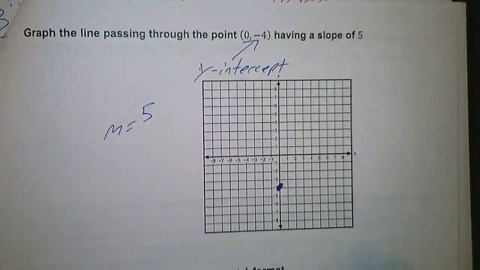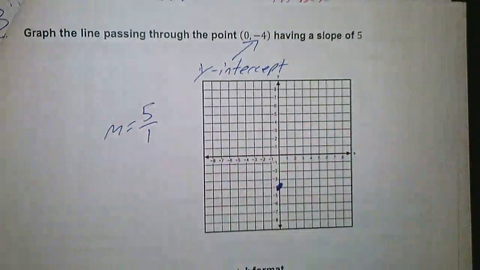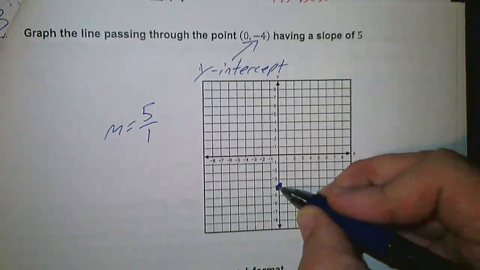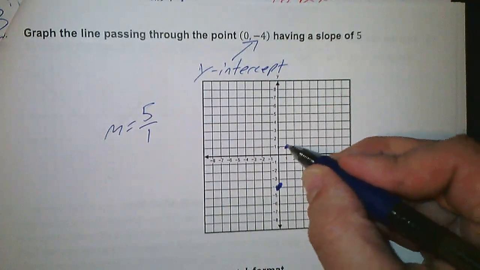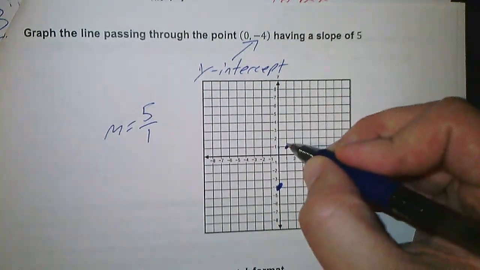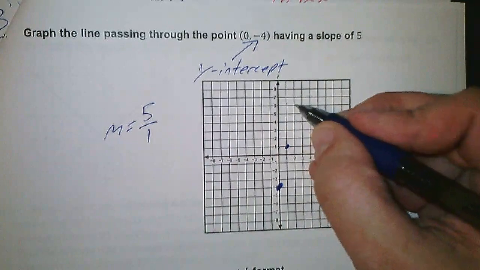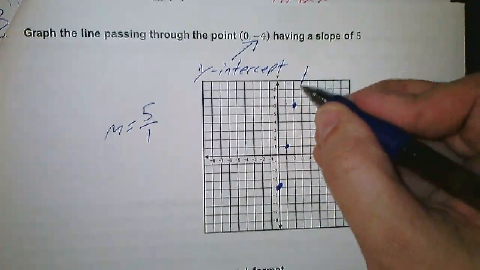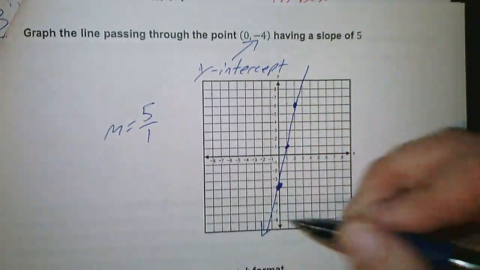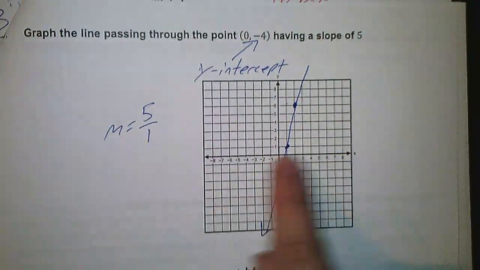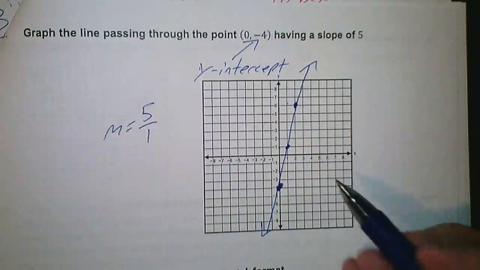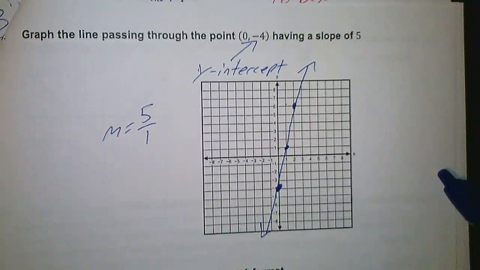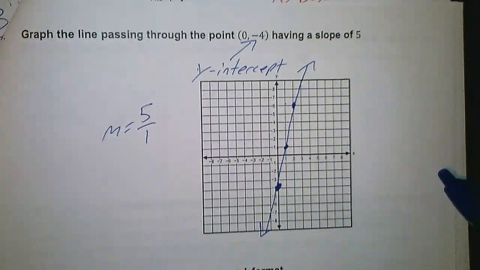If we're plotting by hand, we can think about 5 as 5 over 1. So we rise 5 and move to the right 1. And you can do that a couple of times if you'd like. And that makes a line that is going up from left to right. So I'll end part 1 right there, and then we'll pick up for part 2.